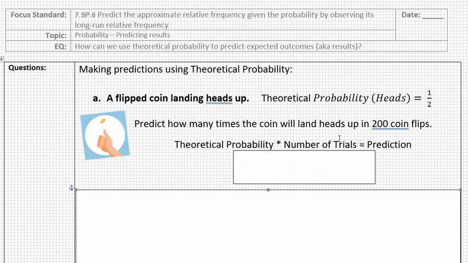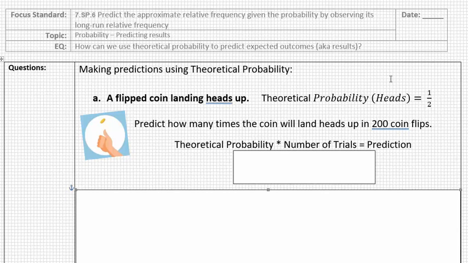You might be asking, what do you mean by trials? Trials is just the number of total times we want to conduct the experiment. Here we want to predict how many times the coin will land heads up in 200 coin flips, so the number of trials is 200.